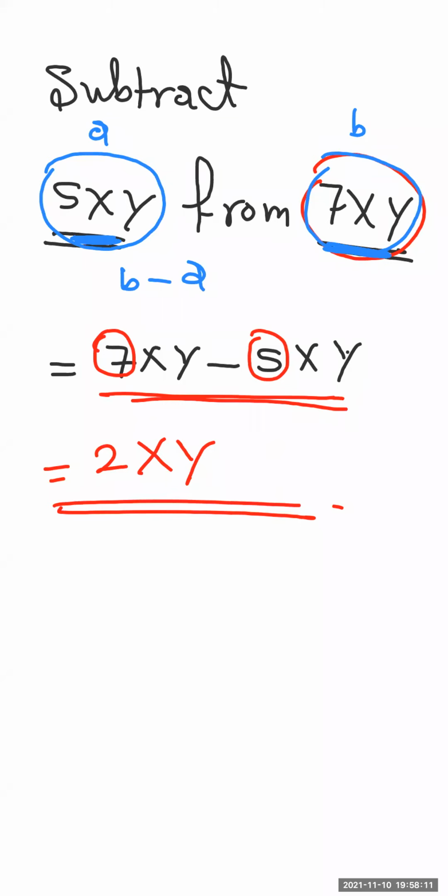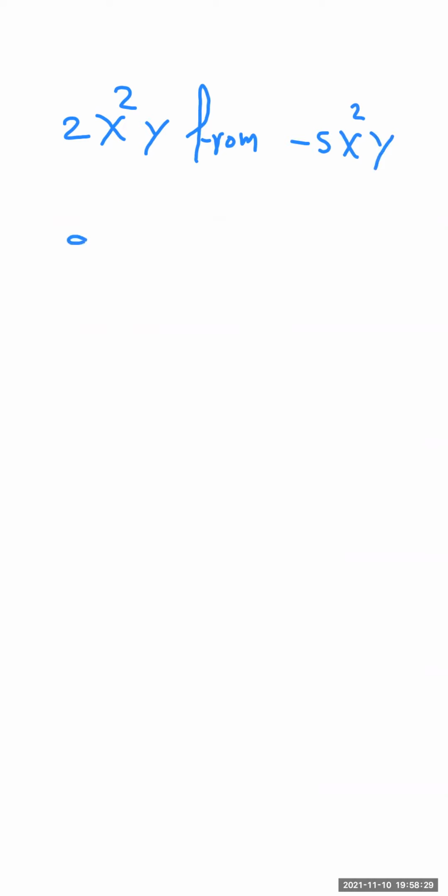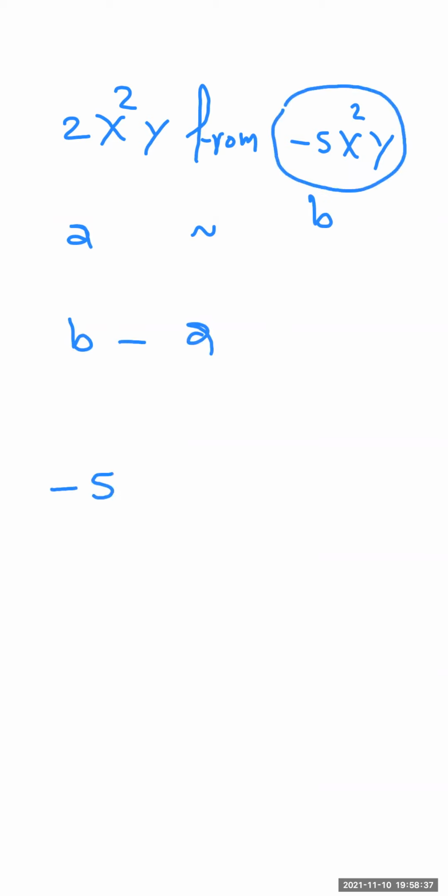One more example like this one. Subtract 2x squared y from negative 5x squared y. Okay, we just said that subtract a from b means b minus a. So the second, the number after from, we take it first.